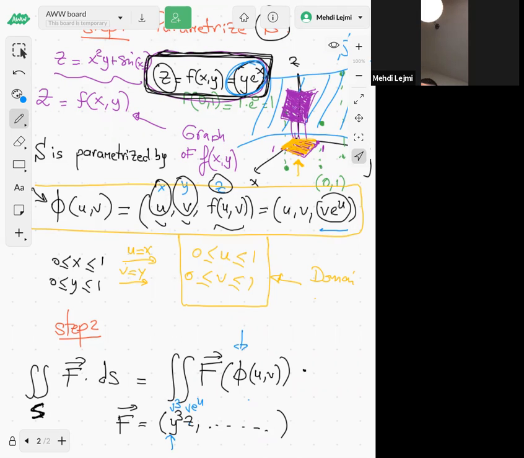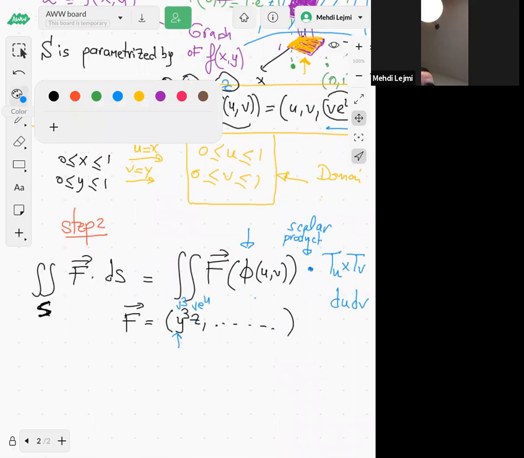This is your vector field. Now, this is the scalar product with T_u cross T_v, du dv. Now, what's T_u and T_v? T_u is the derivative of phi with respect to u.